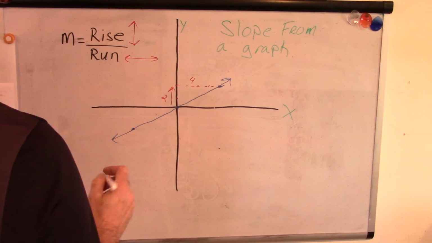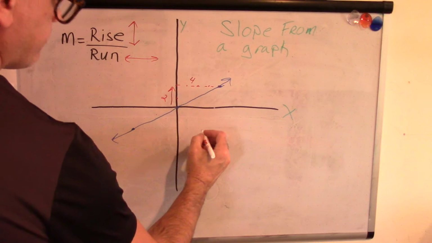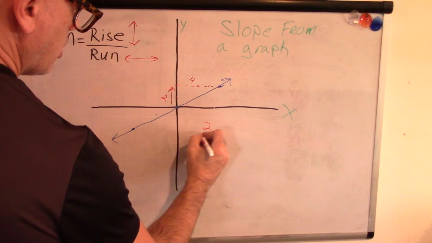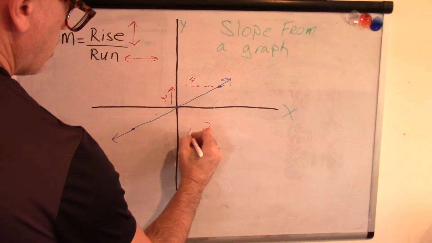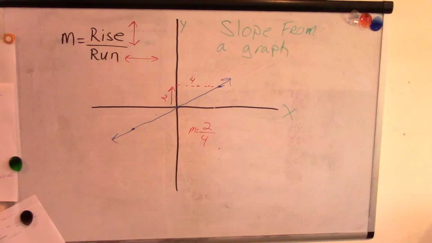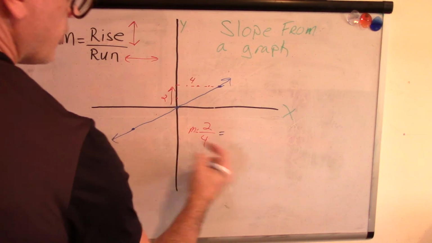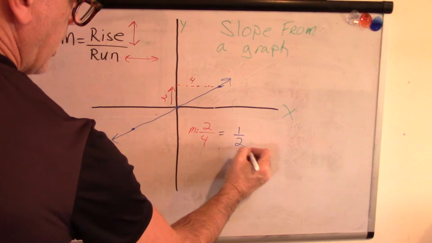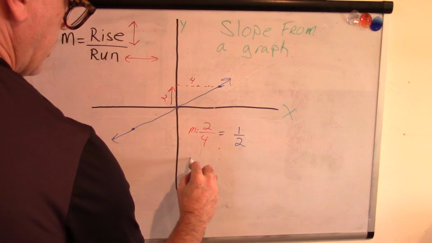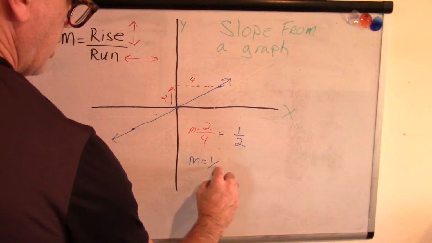So rise over run: the rise of 2, the run of 4, m equals. It's expressed as a fraction, so we can simplify that. 2 over 4 equals 1/2. So the slope of this line is 1/2.